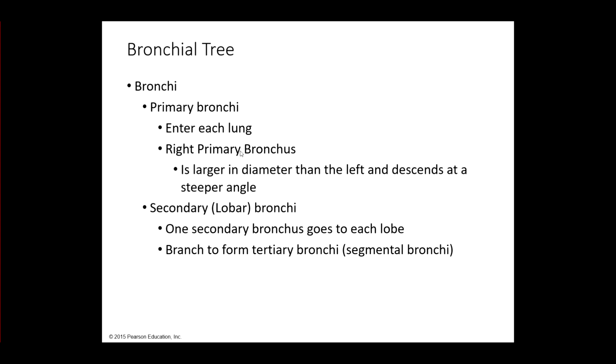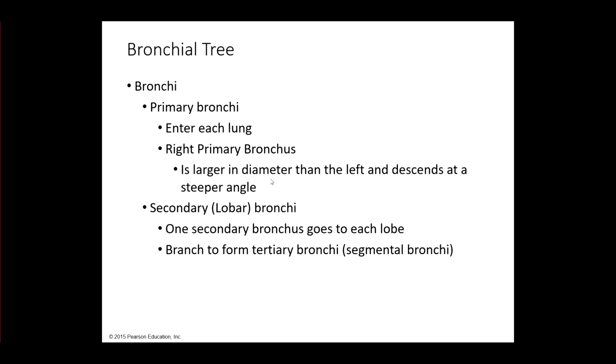Okay. Just a couple differences between the two bronchi. The right primary bronchus is going to be larger in diameter, and it's going to descend at a steeper angle. For those of you going into clinical medicine, that's kind of an important difference between the left and the right. When somebody aspirates something, and it goes down into the lung, it's usually going to go into the right primary bronchus because it's larger in diameter and it runs at a steeper angle.